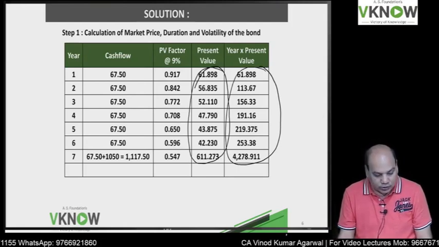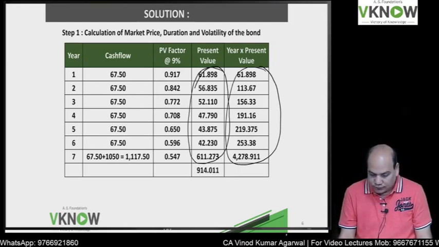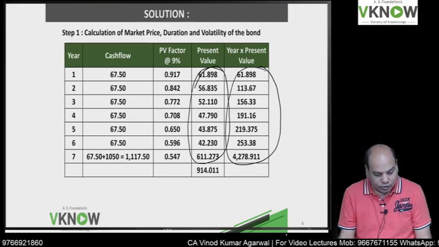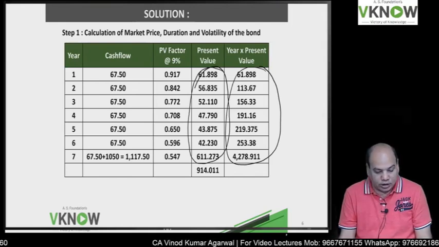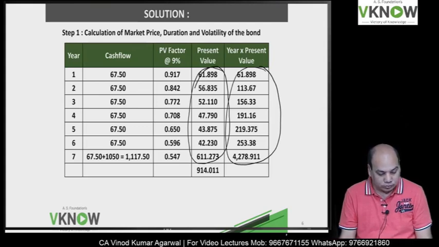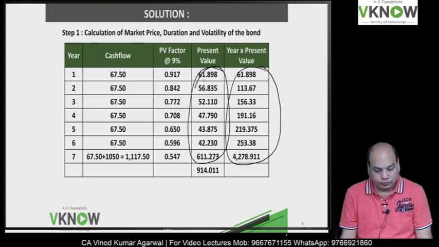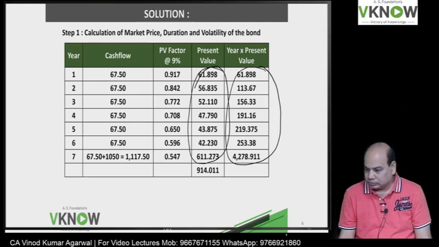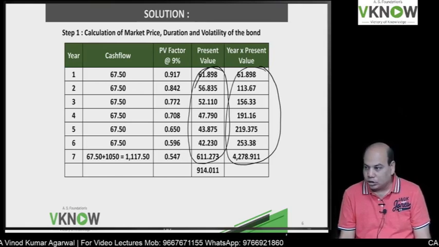One student has given the total of the present value column, 914. Very good, Akshay Agarwal. And anybody for the last column total?